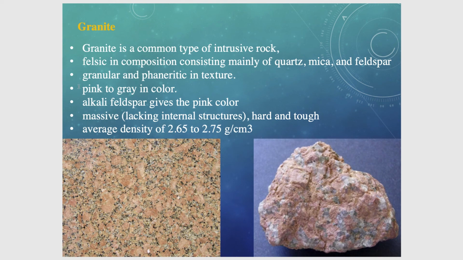The rock can be pink if lots of K-feldspar is present, or gray if you have more plagioclase, and also if you have more abundant quartz in the rock. These rocks are relatively massive and quite competent, so they will be hard and really tough. And the average density will be between 2.65 and 2.75, because these are felsic rocks.